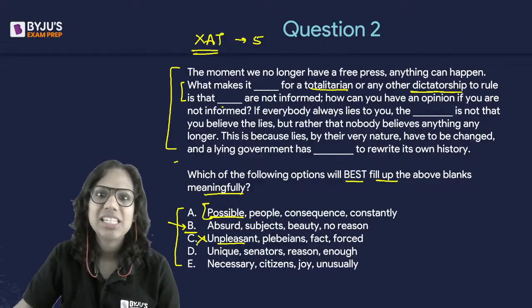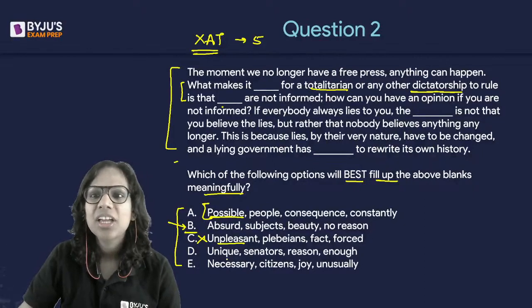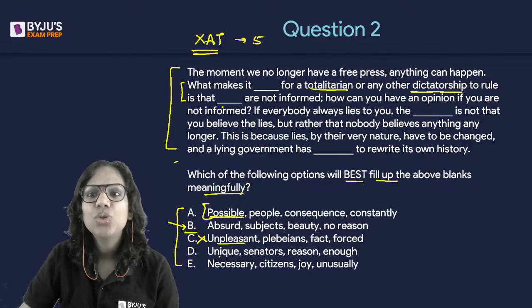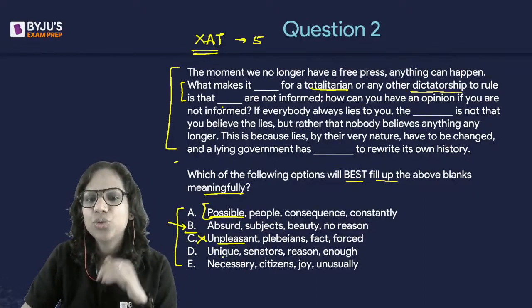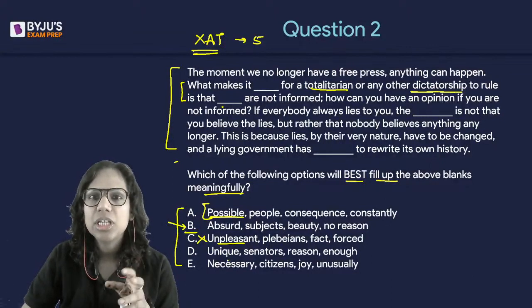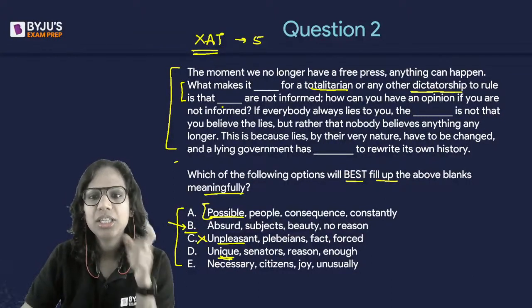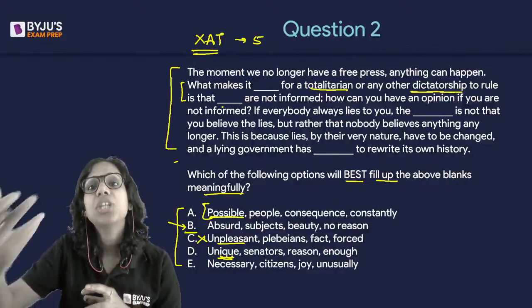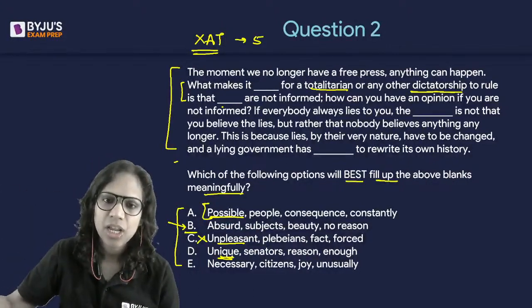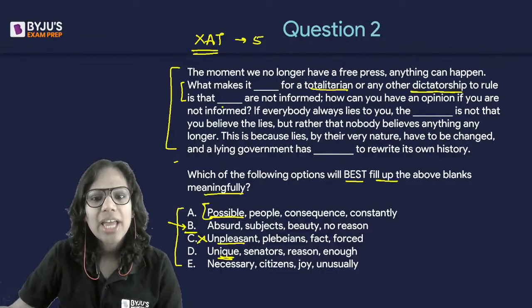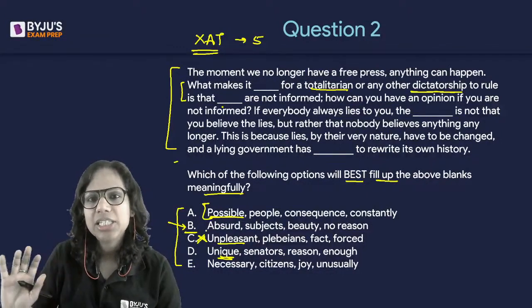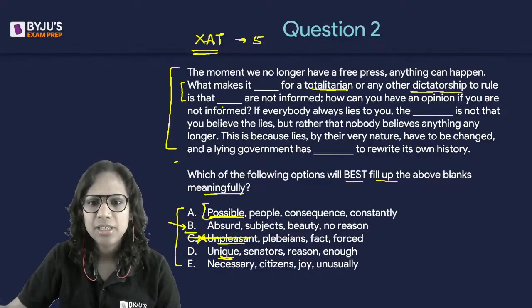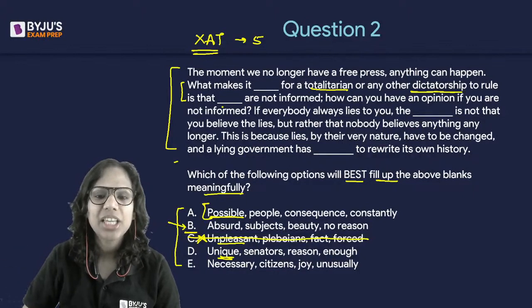It will be a very pleasant thing, right? Then what makes it unique for a dictator to rule? If I wanted to put this word in that sentence, I should have phrased it like this: what makes dictatorship unique is that, right? Anyway, so I have absolutely eliminated C on the basis of the first blank, right? Let's just cut this. Then look at E.